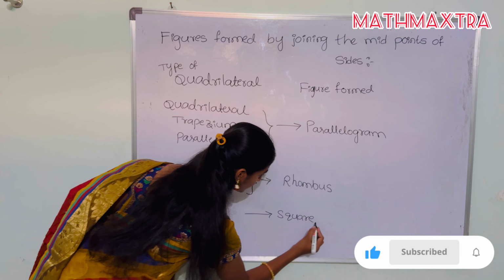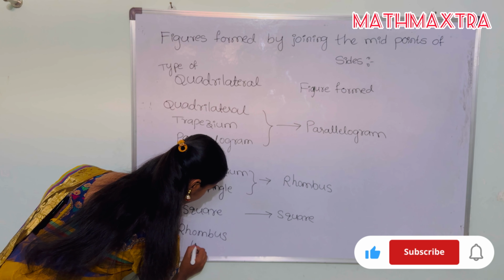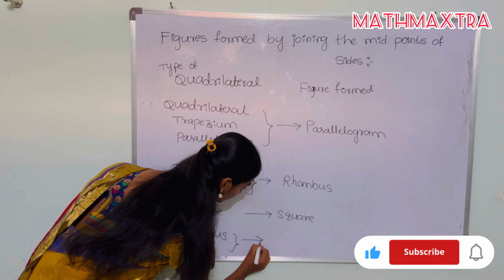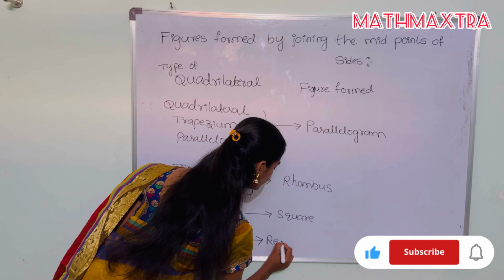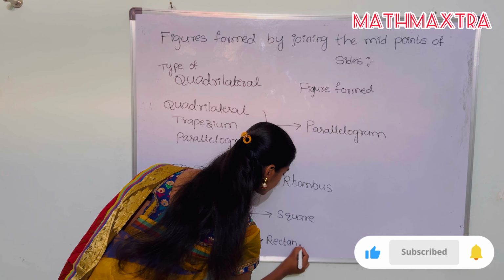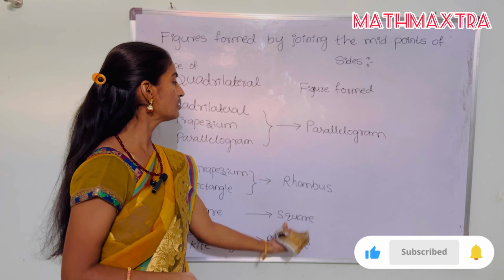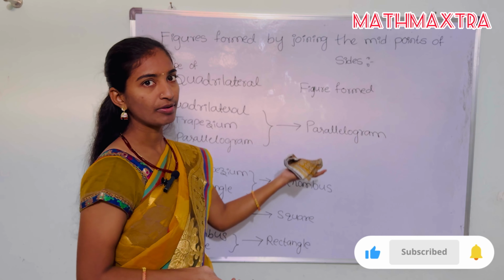And for rhombus as well as kite, for these two, we will always get a rectangle. And these are the figures formed by joining the midpoints of the sides of that type of quadrilateral.